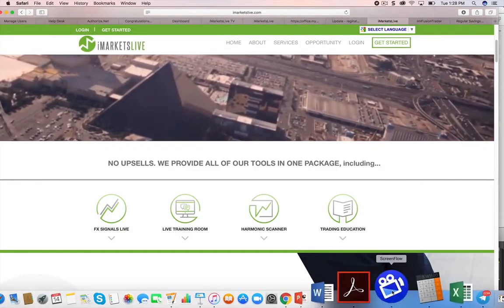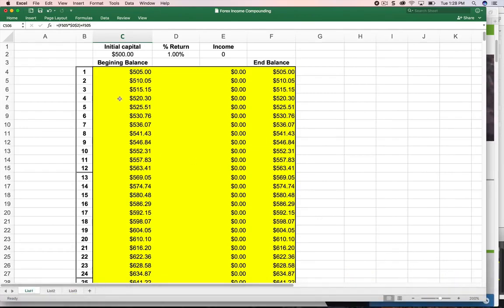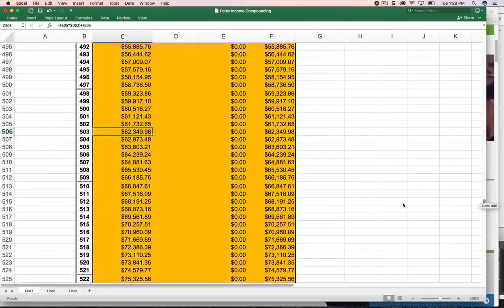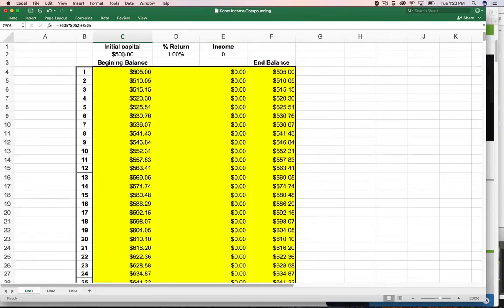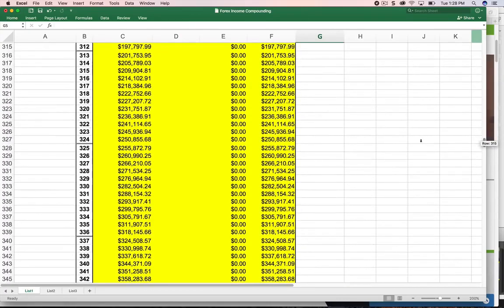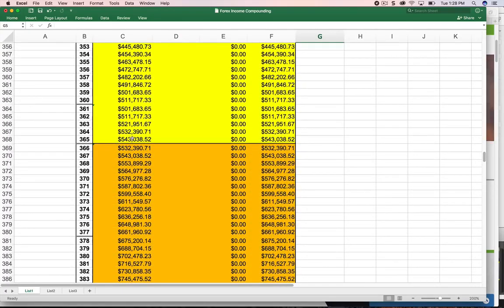Look at this. Where else can you take $500 and have the potential to earn 1% daily and turn it into $16,000 in a year? That's just on the low end. But we're teaching people 2% daily because it's not complicated to do that. So we're going for 2% daily. And if you look at 2% daily, the numbers get ridiculous. At the end of 1 year, you have $500,000.